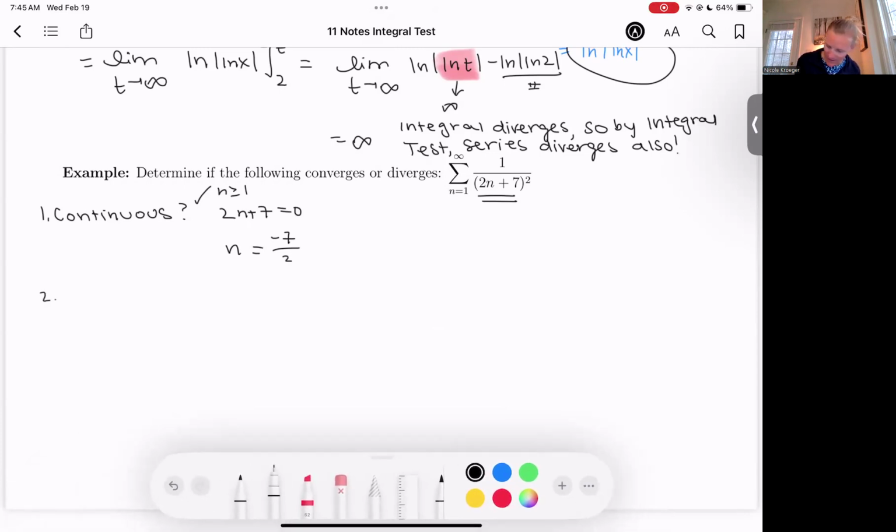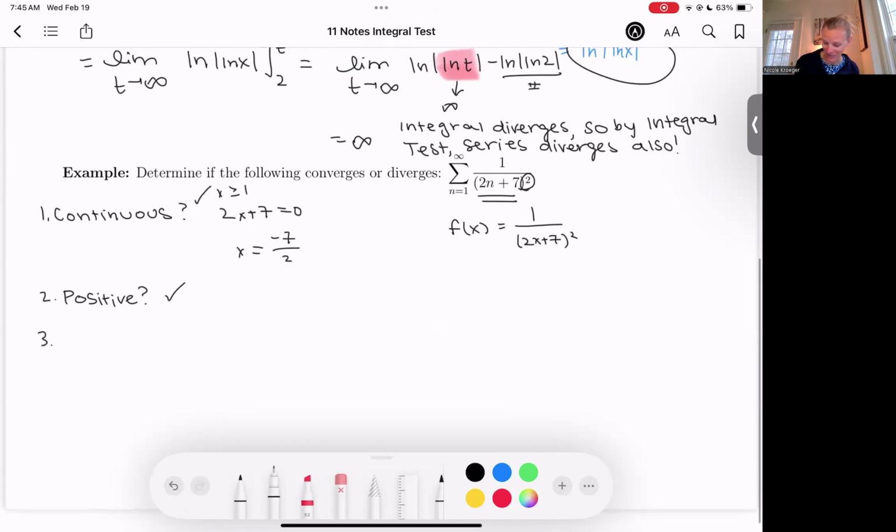Okay. And again, I should really replace these n's with x's. If x is greater than or equal to 1, because we're looking at the function 1 over (2x plus 7) squared. Okay, is it positive? This one's easy to see because we're squaring everything in the denominator. So since everything in the denominator is going to be squared and there's nothing that's not being squared, this is going to be positive everywhere.